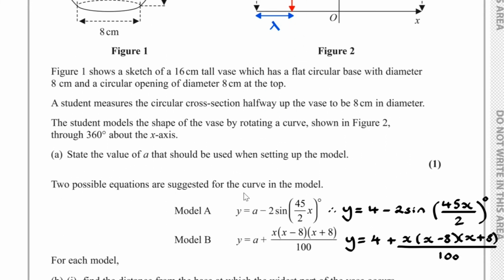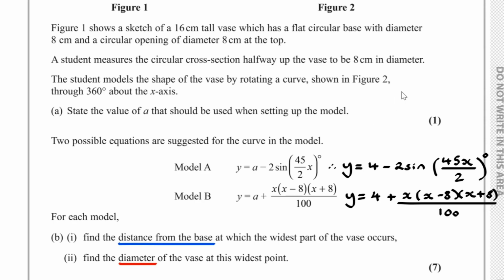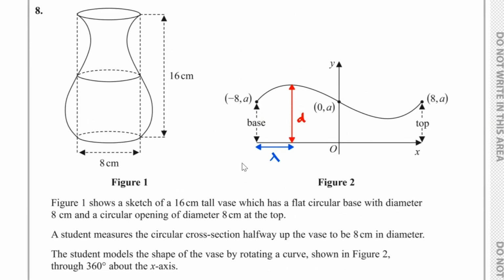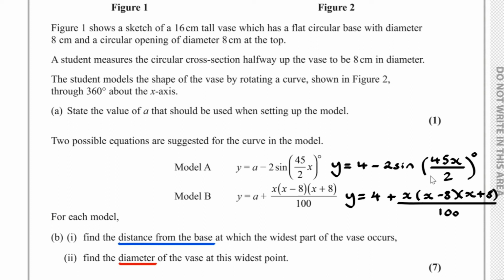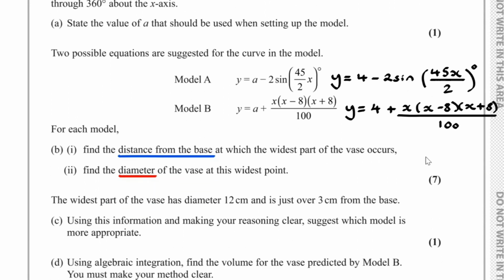Now, we have to do this for model A and model B separately. Now, this maximum, if I draw the curve out again, this rough sketch, we've got something looking like that. This maximum over here, we need to find out at what x value this maximum occurs.